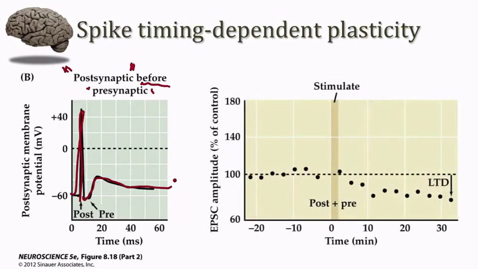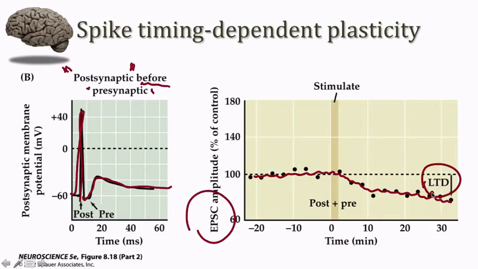And under that situation, where postsynaptic activity happens before presynaptic activity, notice that there now is the development of a weakening in the amplitude of the excitatory postsynaptic current. This is long-term depression. This is what happens basically when the postsynaptic neuron is being influenced to fire an action potential by some other input other than the one that we're stimulating in this experiment.